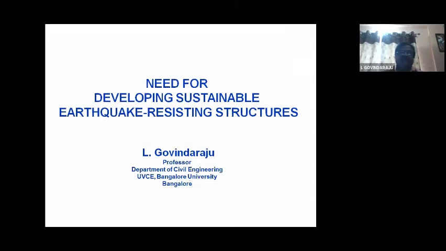In spite of designing the structures, irrespective of the type of structure, like bridges, buildings, dams, underground tunnels, strictly complying with the codal provisions and standards that are established over a period of time, still we observe failure in the structures. Where is the mistake? What went wrong?